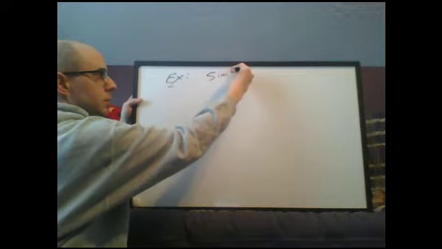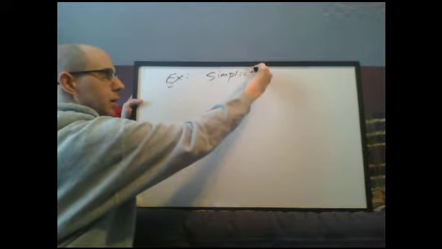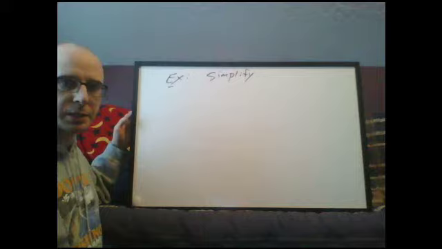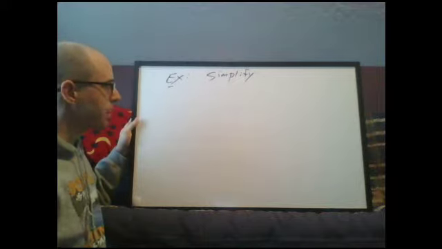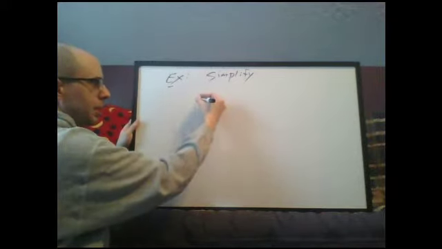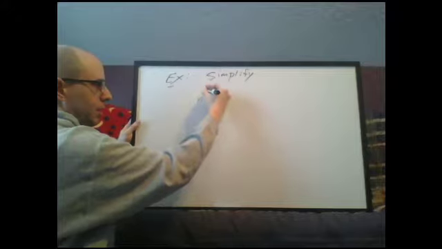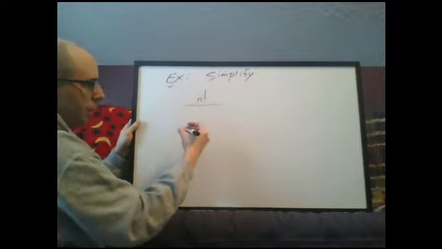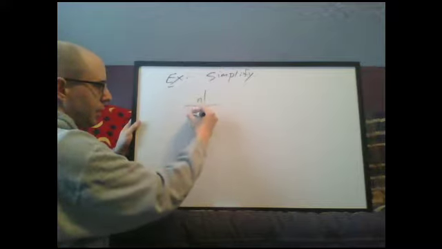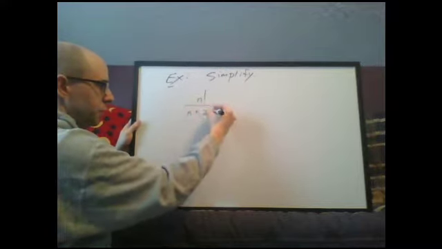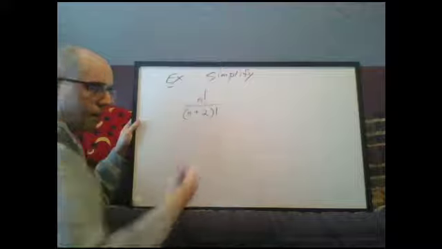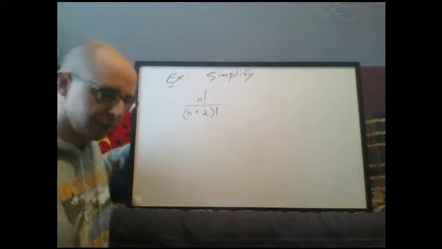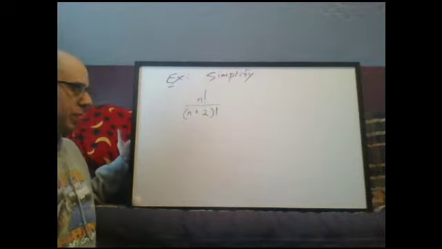I'll just call this an example of simplifying a factorial expression. So suppose we had n factorial divided by n plus 2 factorial, where n is a variable, so it doesn't have a specific number.